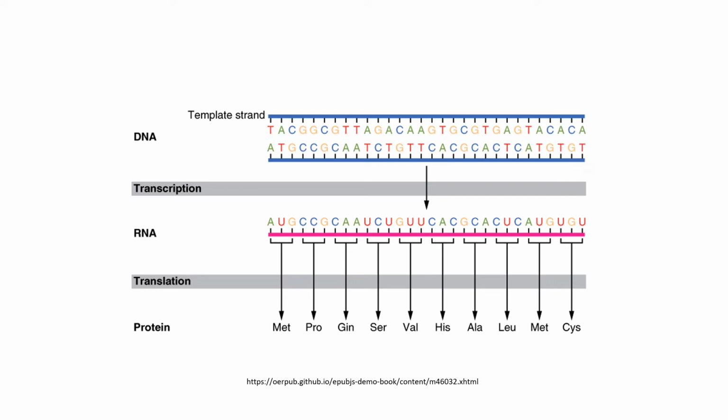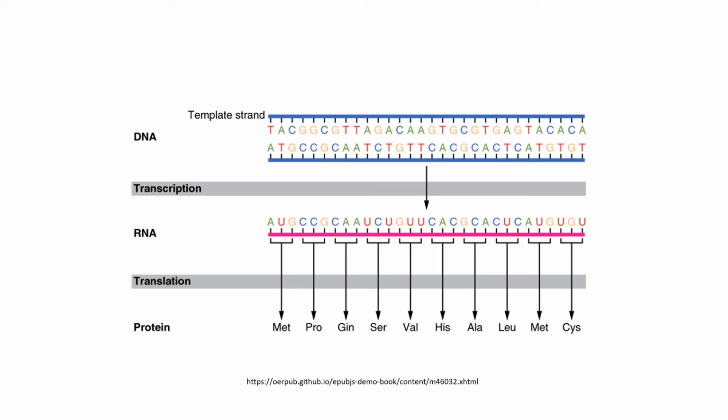So now we see that the four-letter alphabet of DNA goes to specify a complementary RNA, and that RNA is made up of also four bases, but instead of A, T, G, and C, it's A, U, G, and C. Those are the letters that make up RNA, and those letters are taken as three-letter words called codons.